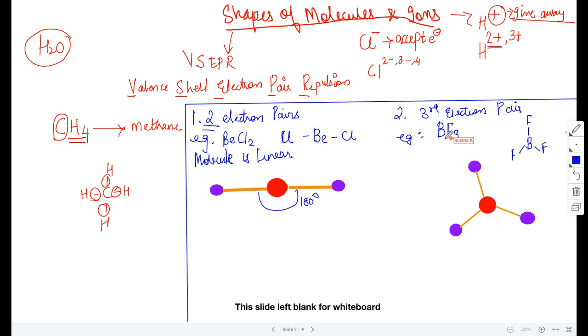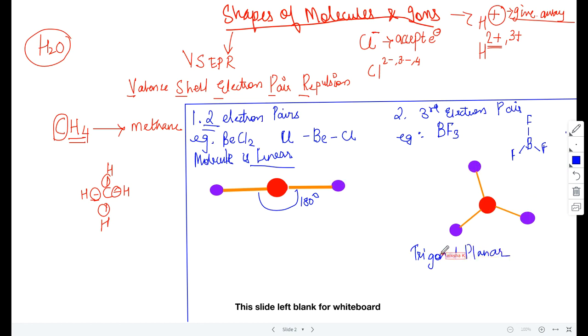Okay. So now we have formed this. I said here the molecule is linear, right? Now, what kind of structure does it look like for you? A triangle, right? With three sides. So here the name we give is trigonal planar.